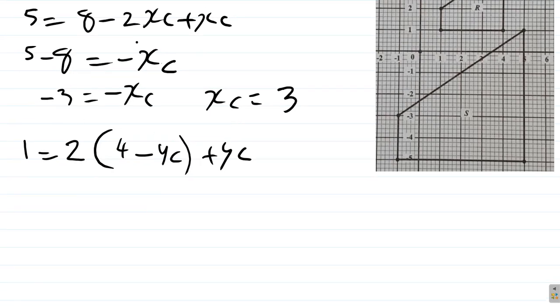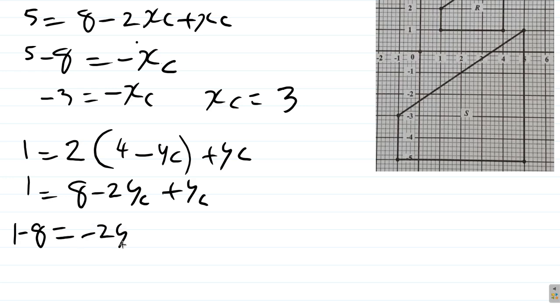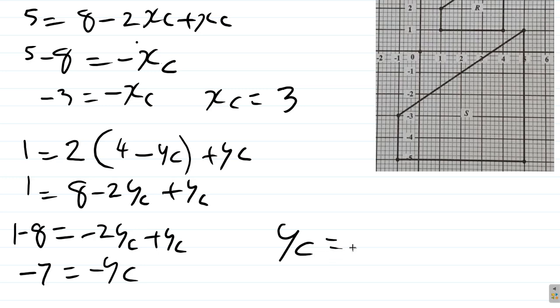Alright, so 1 is equal to 2 fours 8 minus 2 yc plus yc. 1 minus 8 equal negative 2 yc plus yc. 1 minus 8 is negative 7 is equal to negative 2 plus y at the center is negative y at the center. So y at the center is 7.